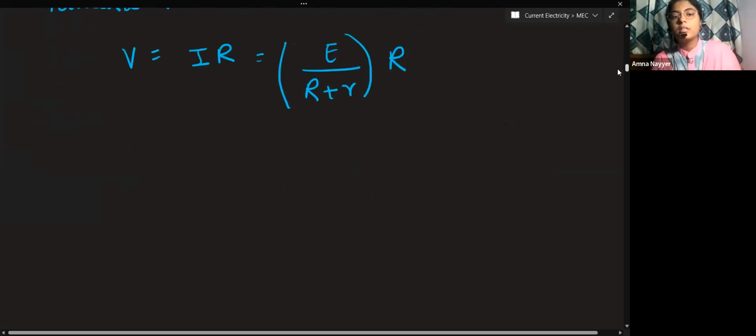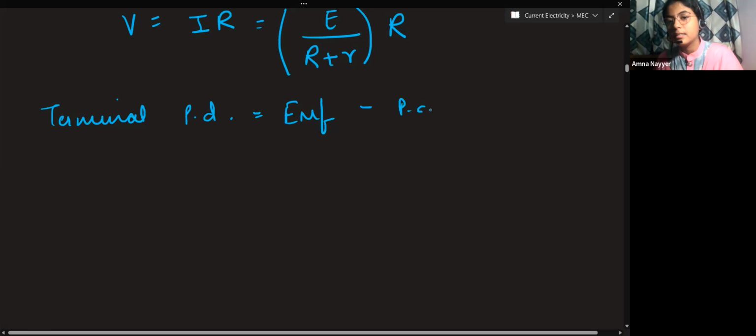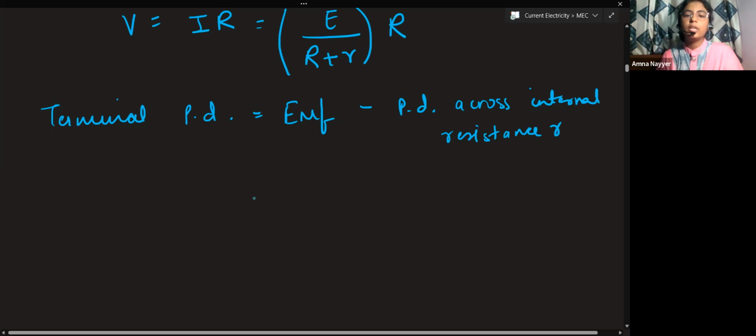Apart from this, the terminal potential difference will be the EMF of the cell minus the potential difference across the internal resistor. So V will be E minus the potential difference across the internal resistance.